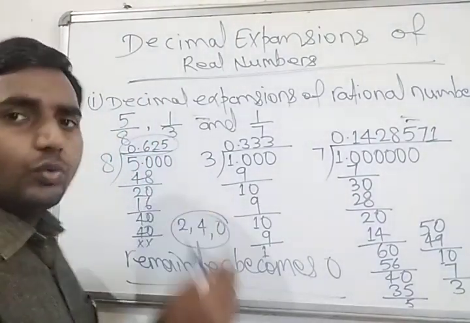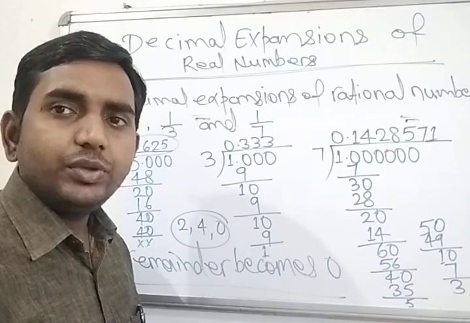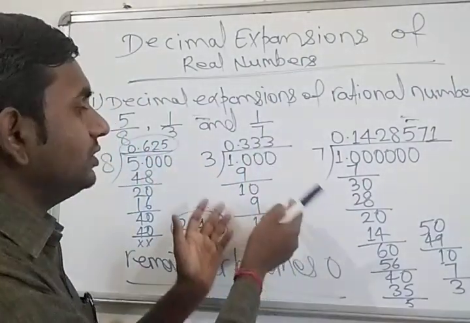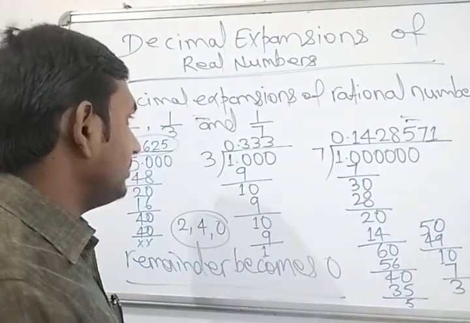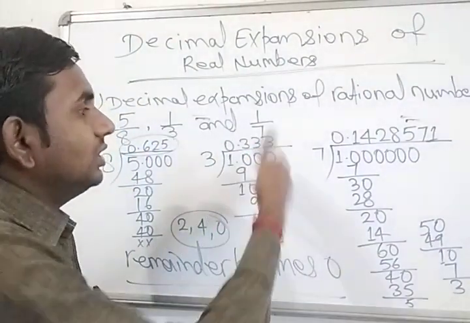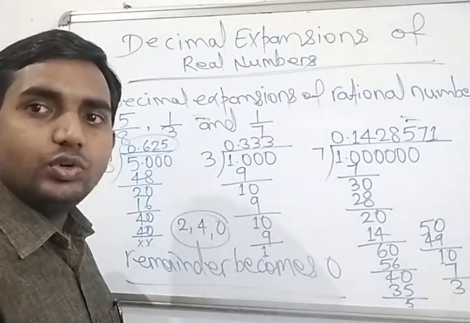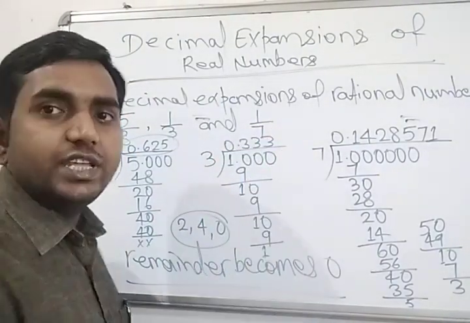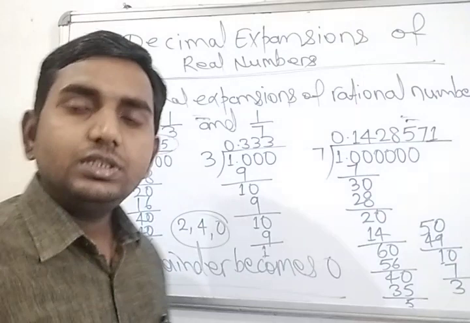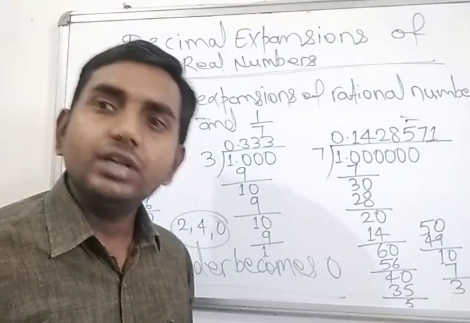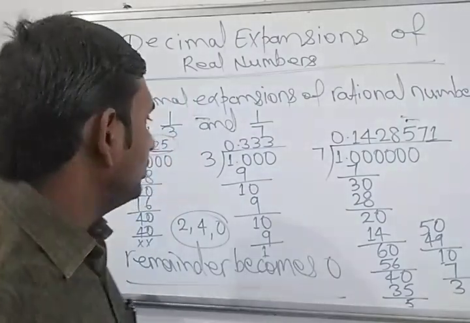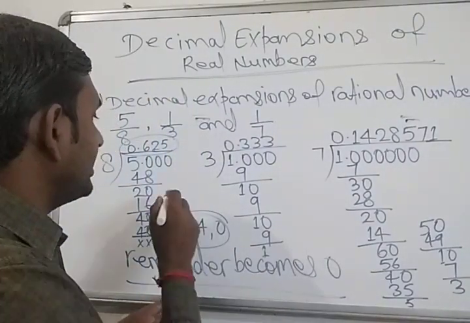If the remainder does not become 0, then we have two cases. In one case, if the remainder does not become 0, it starts to repeat digits. This type of decimal expansion is called non-terminating recurring decimal.